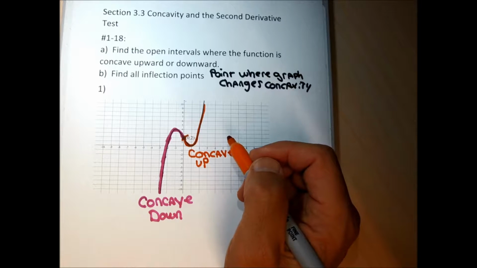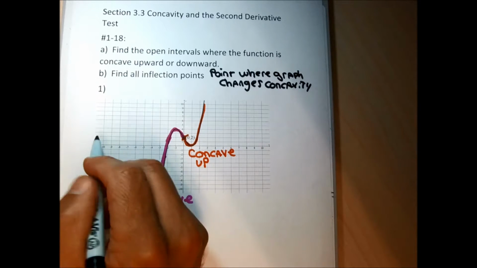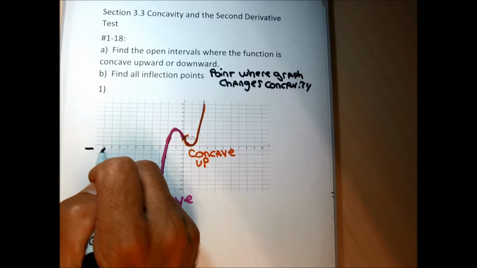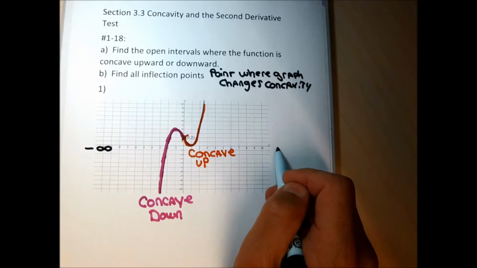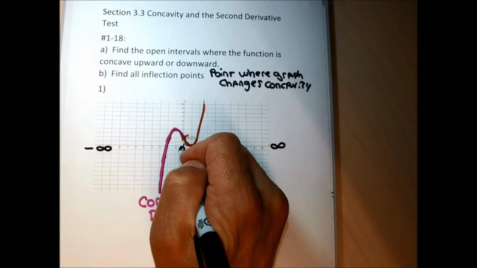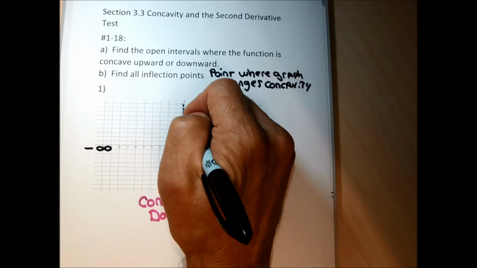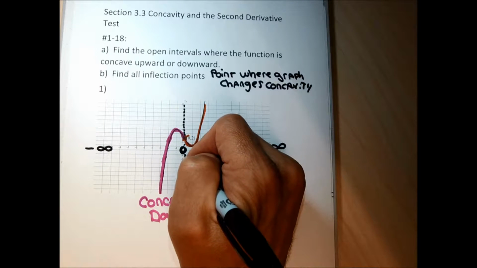The more of these that we'll do, the easier it's going to be to see the answers to what region is concave up and what region is concave down. And in order to describe the regions, I'm going to put infinities on the edges of my x-axis and the x coordinate of the point where the graph changes concavity. So, I'm going to create intervals.